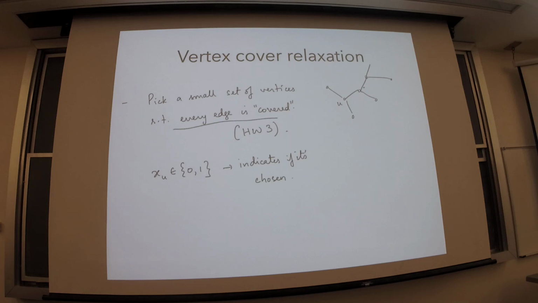And we want every edge to be covered. So for every edge (u, v), you say that xu plus xv is bigger than or equal to 1. And your goal is to pick the smallest set of vertices, right? So your objective is to minimize the sum over all u of xu.